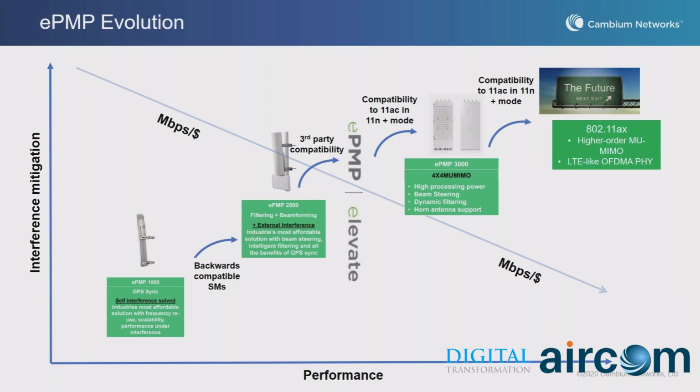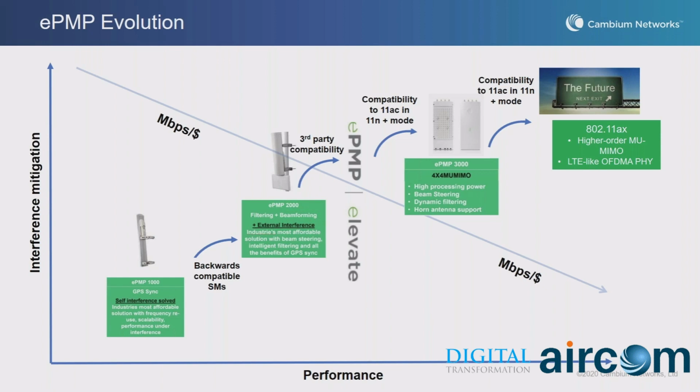So fast forward, we also introduced the ePMP 2000, which retained the features of the ePMP 1000, like the GPS synchronization. And in addition, we improved our ability to solve external interference by introducing a good filter, and also solved more of co-channel interference, which was not properly solved by the ePMP 1000.